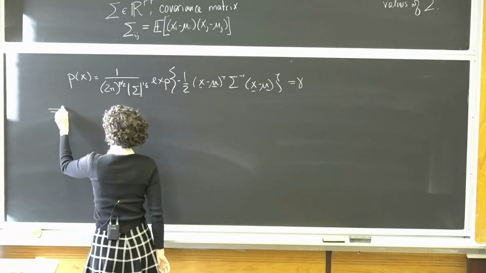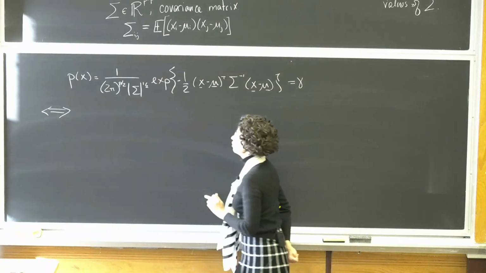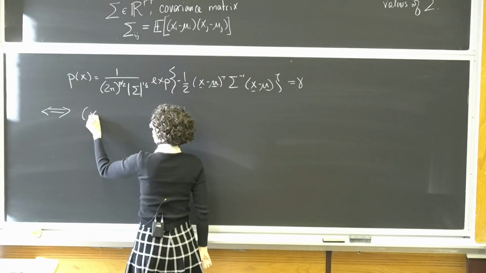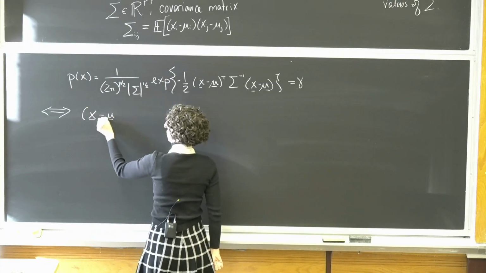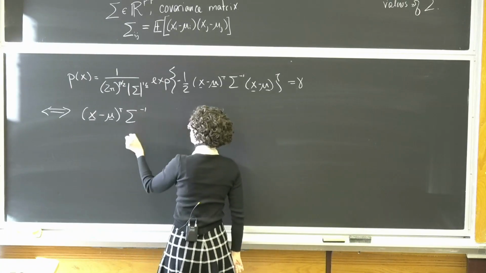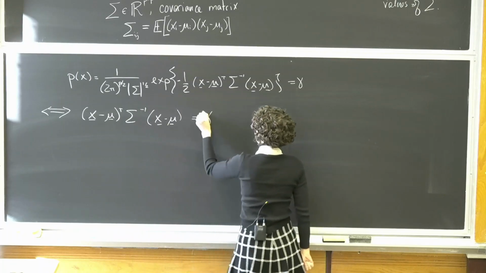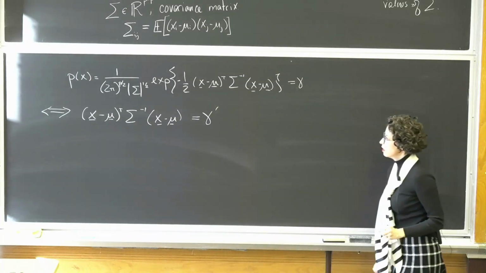So what I'm going to claim is that this is equivalent to looking at all the x's where x minus mu transpose sigma inverse x minus mu is equal to some other constant gamma prime. Right?